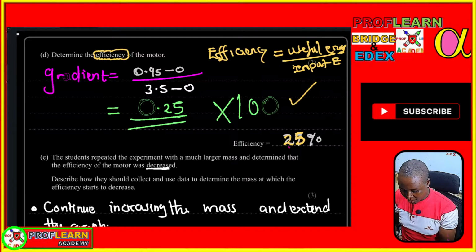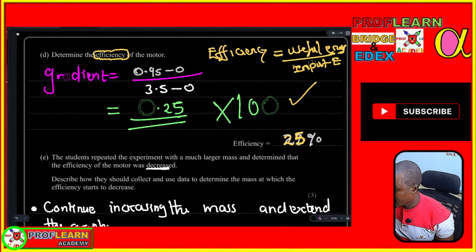That could be an international crisis there. 0.995 divided by 3.5, which translates to, no, I think the error was here.